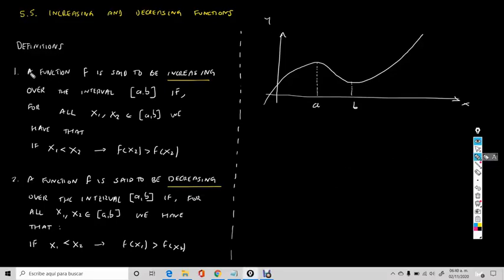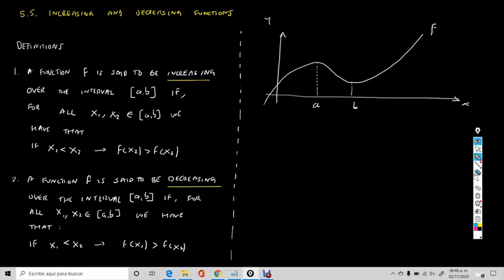Number one says a function f is said to be increasing over the interval a comma b if for all x1 and x2 in such interval ab, we have that if x1 is less than x2, then f of x2 is greater than f of x1.